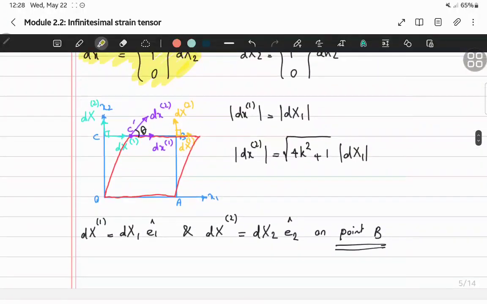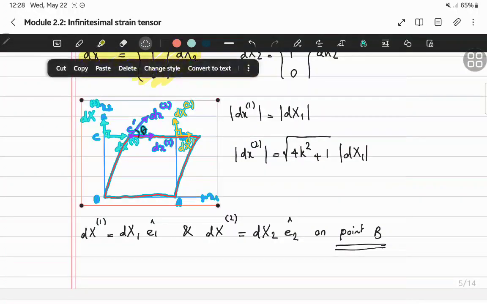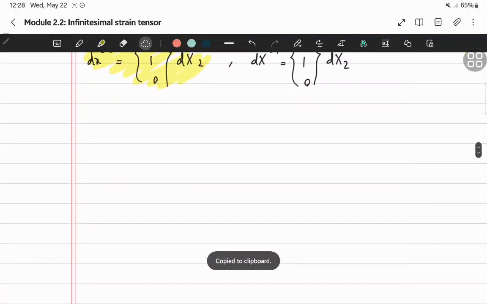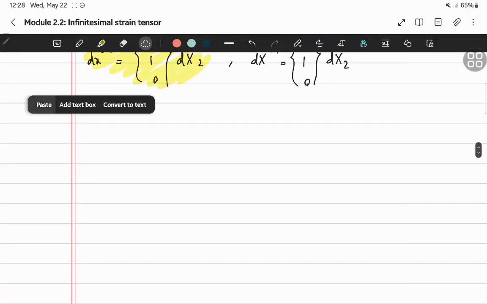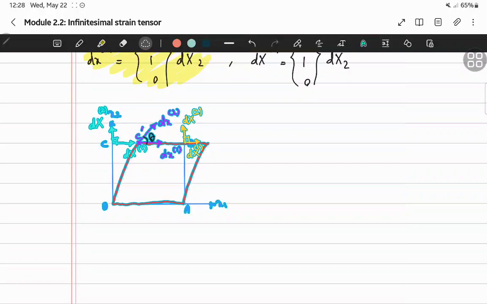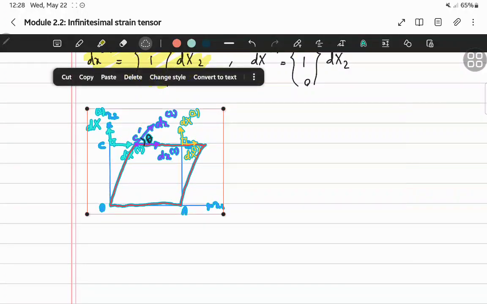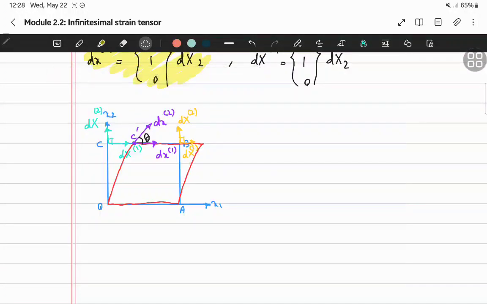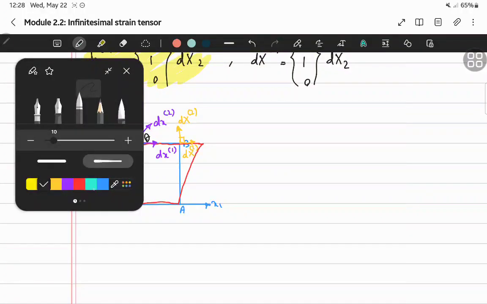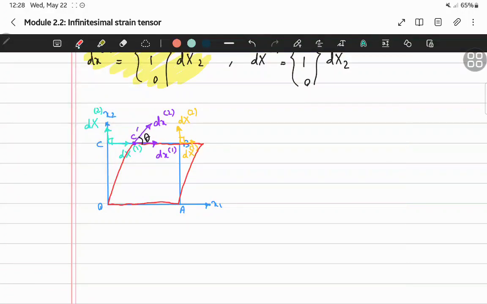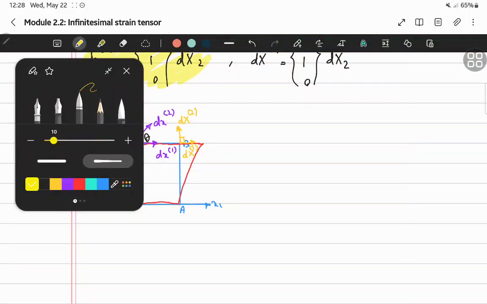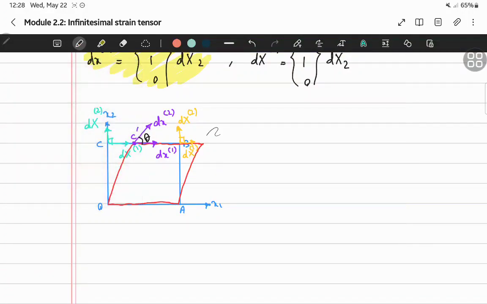Again, if I grab this and paste it in here, and go with another color, what it becomes is this B prime.